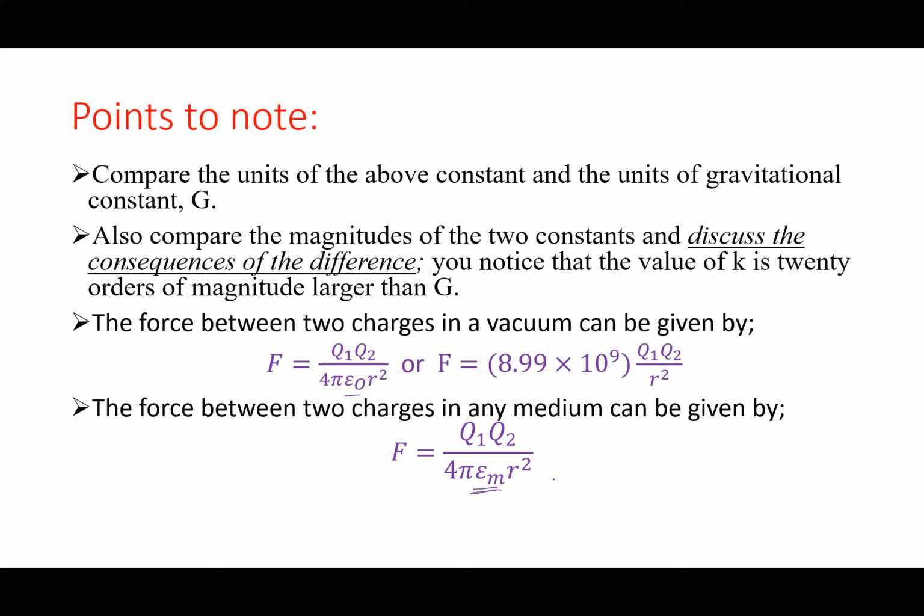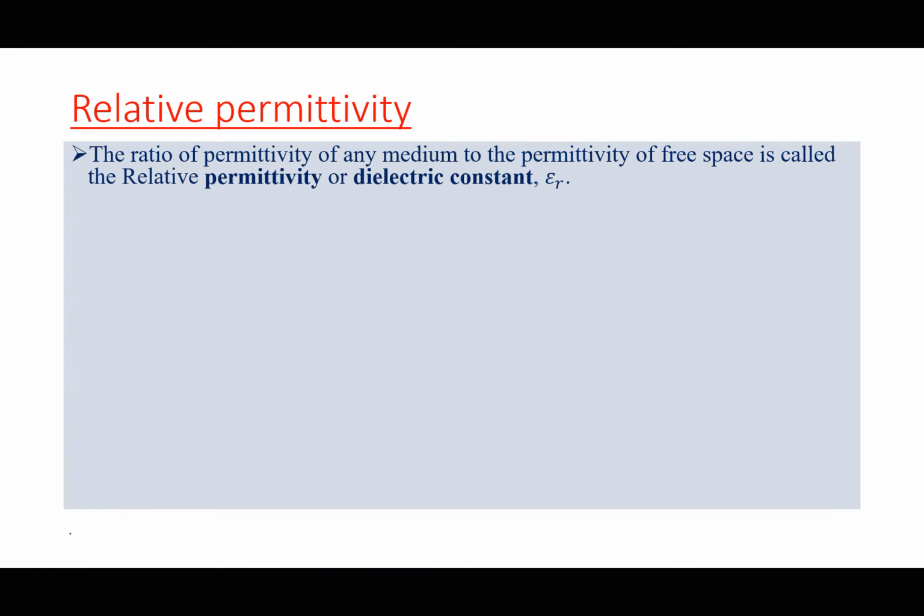Okay, let's also see, sometimes we are given the relative permittivity of a medium rather than its actual permittivity. What do we mean by relative permittivity? Relative permittivity is simply the ratio of the permittivity in a given medium compared to the permittivity of free space.